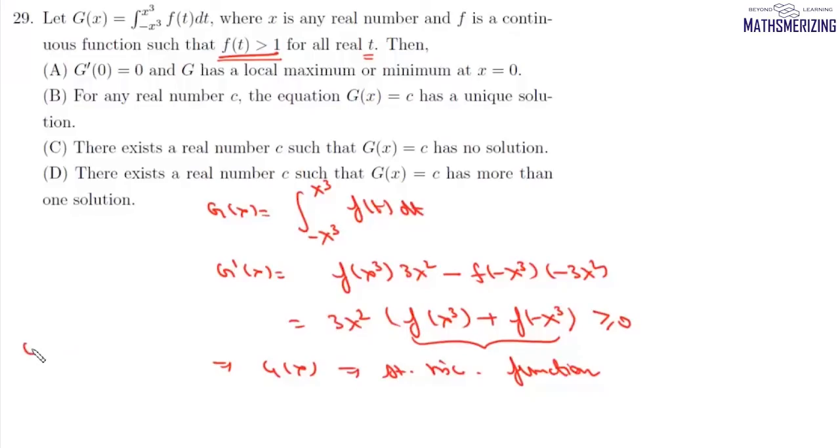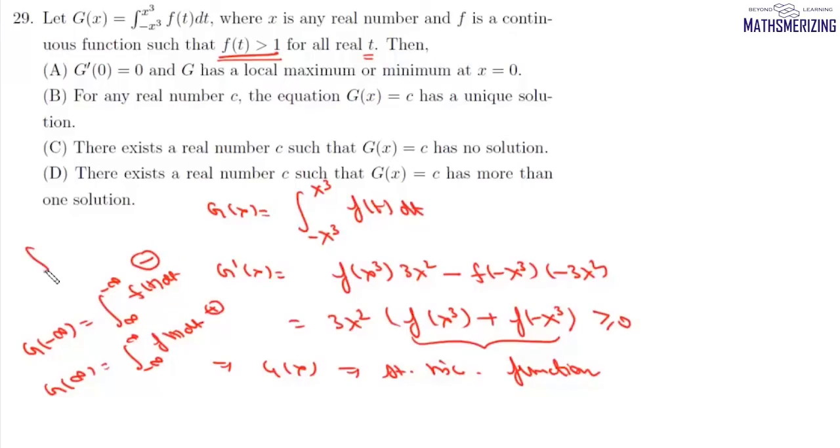Now if we consider g(minus infinity), this value will be the integral from minus infinity to minus infinity of f(t) dt, and g(infinity) will be from minus infinity to plus infinity of f(t) dt. Now since it is strictly increasing, the first value must be negative, and the second value must be positive.